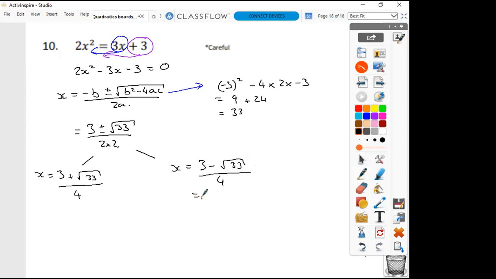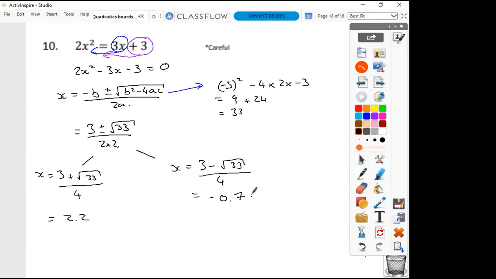The plus root 33 over 4, to one decimal place, would give me 2.2. And negative 0.7.